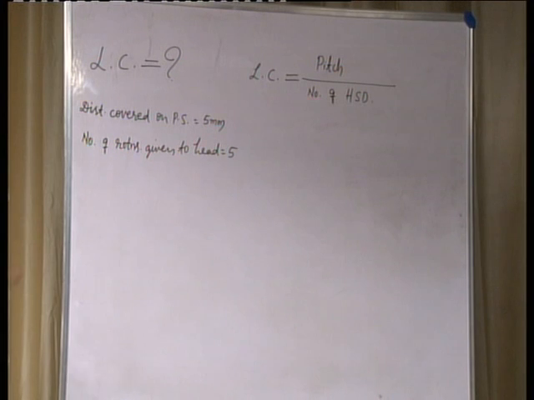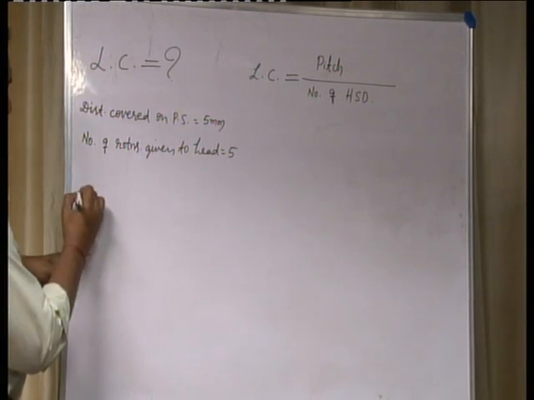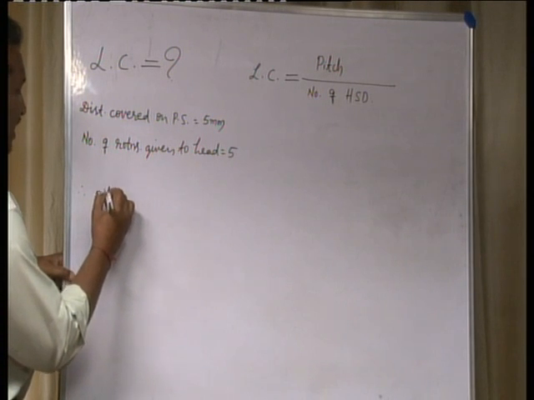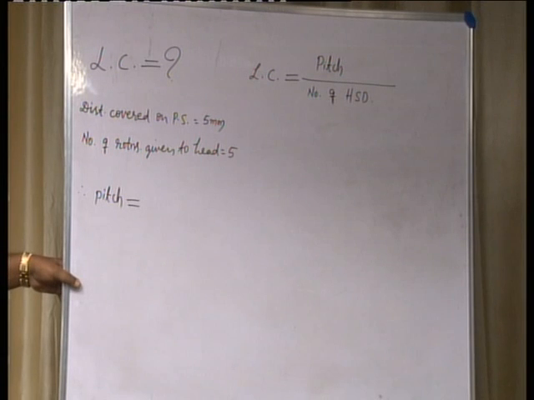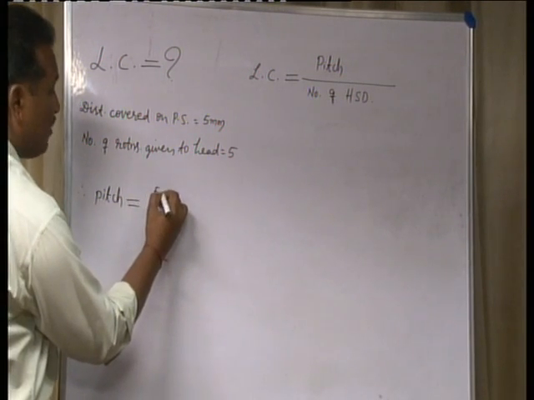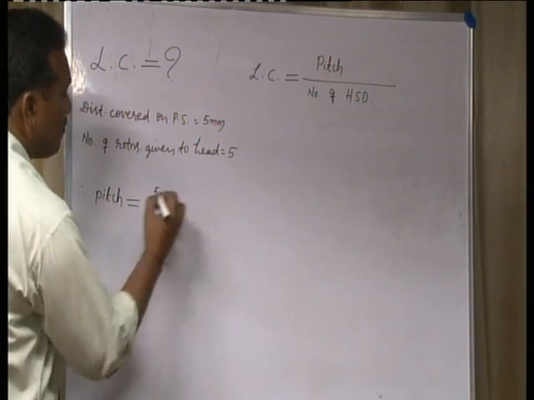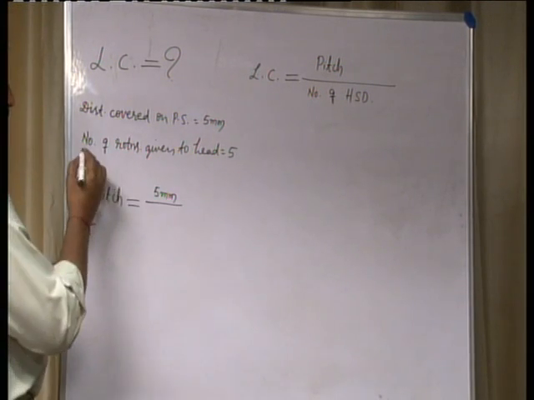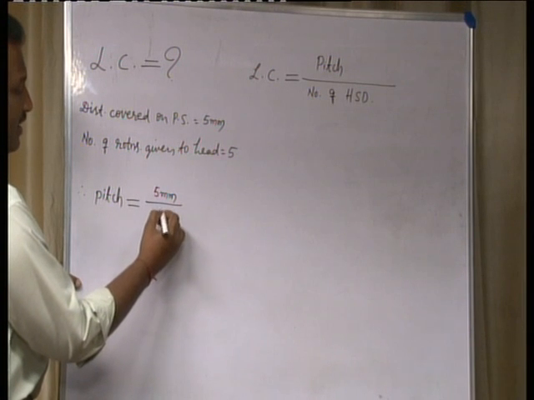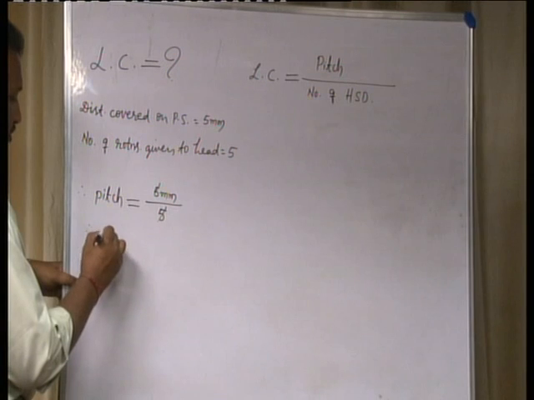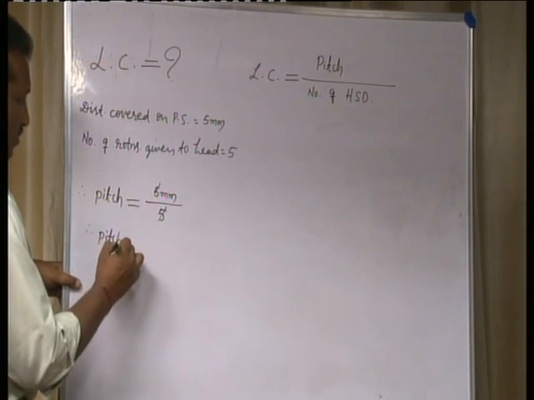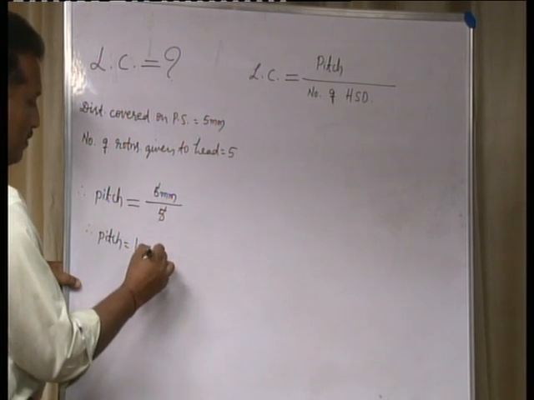Is it clear? By using this data, you can calculate the pitch. Therefore, pitch is the ratio of the distance uncovered on the pitch scale, which is 5 mm, to the number of rotations given to the head. How many rotations are given to the head of the screw? 5. These two cancel. Therefore, you can write pitch is equal to 1 mm.